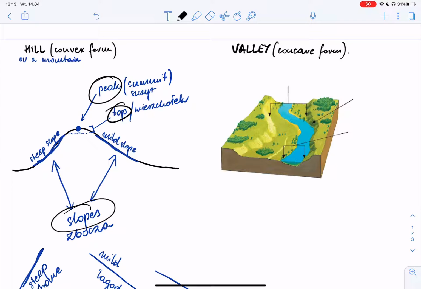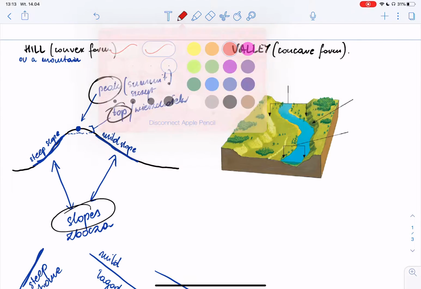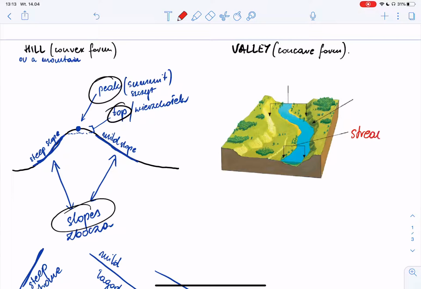If it comes to a valley, then we have also a few elements. Valleys are the landforms that usually have a river, and that river flows more or less in the same place, and that place that is dug into the ground is called the streambed. Which is koryto.